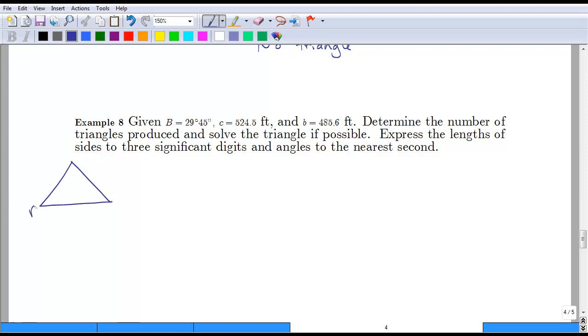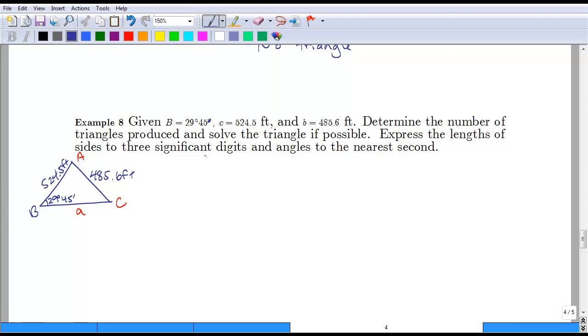So in this case, we've got angle B down here is 29 degrees, 45 minutes. This should be minutes, not seconds. And opposite B is 485.6 feet, and adjacent to it is 524.5 feet. So that puts angle C down here, A up top, and side A on the bottom.